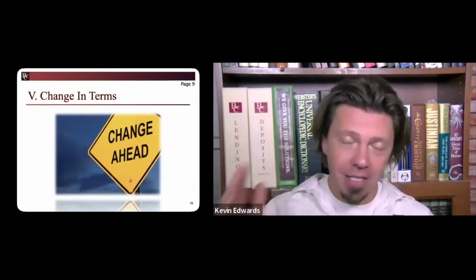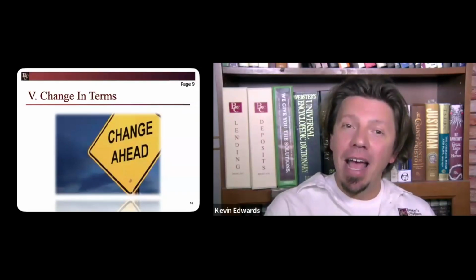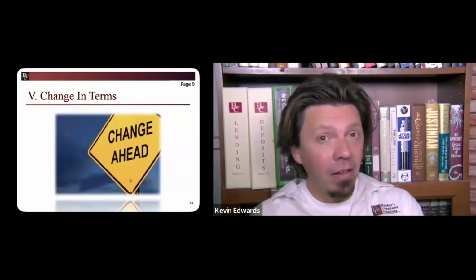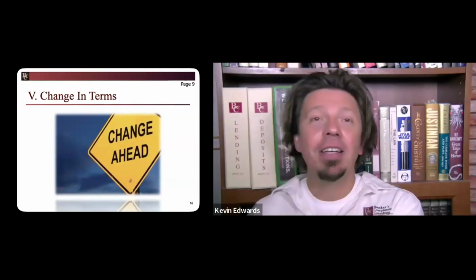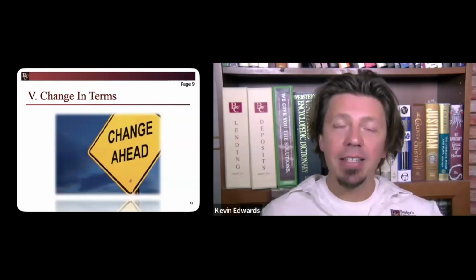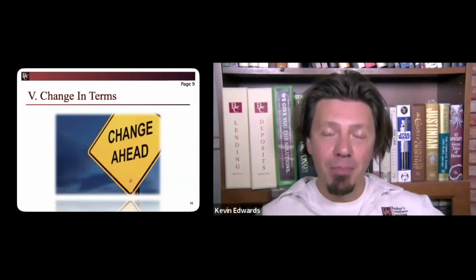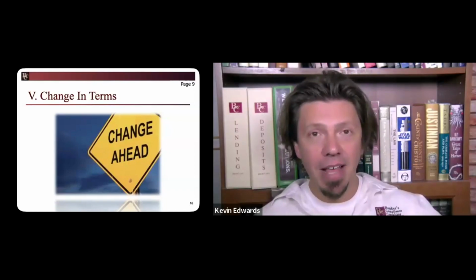When is this change going to occur? And so you have to lock yourself into this is the date when everything's going to change. And then it has to be provided at least 30 calendar days before the effective date. Okay, so whatever the effective date is, you got to go back 30 calendar days. That's when they have to be mailed or delivered as of that time frame.